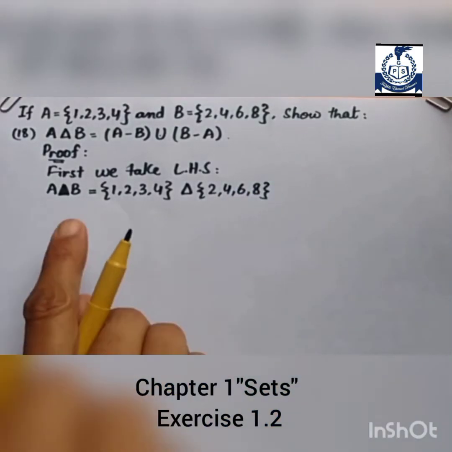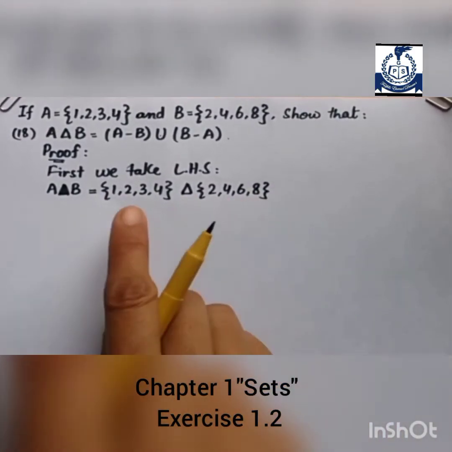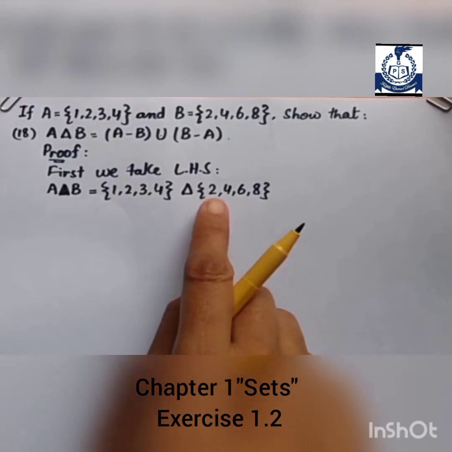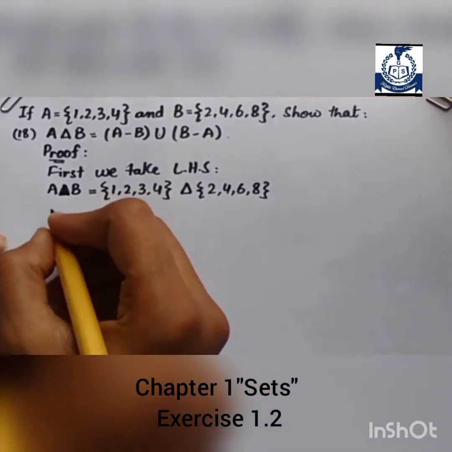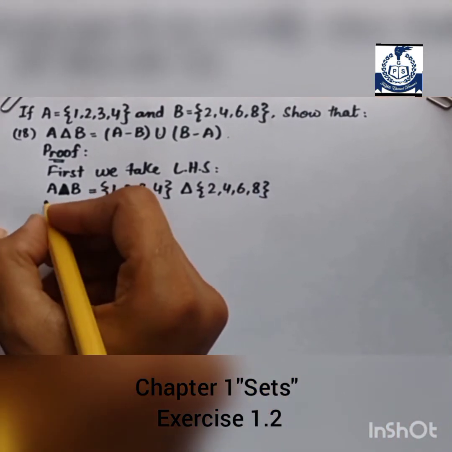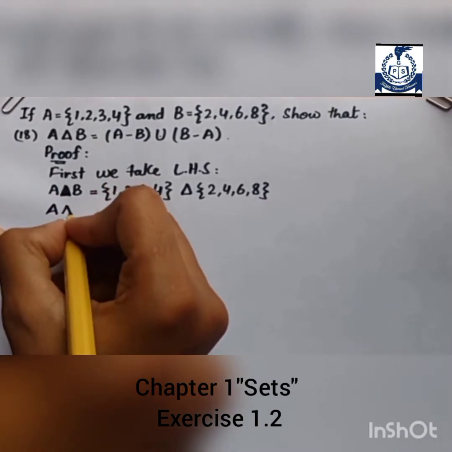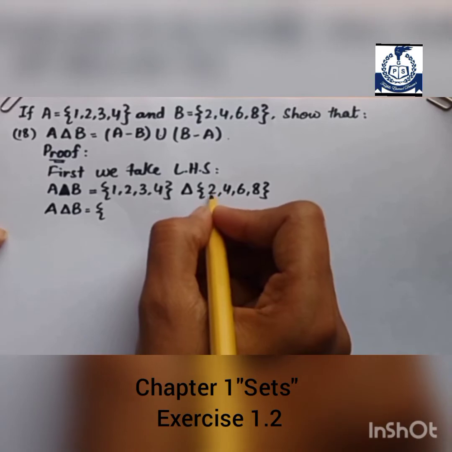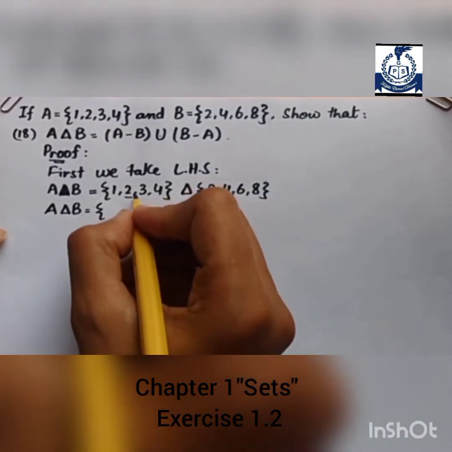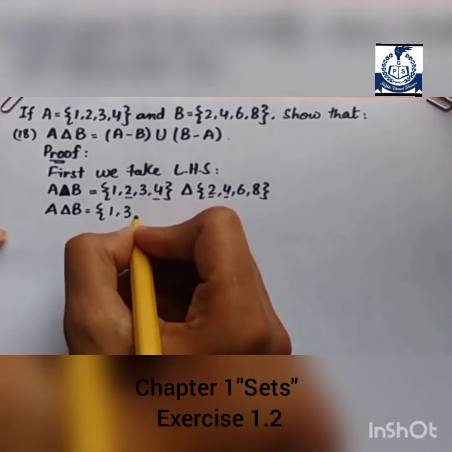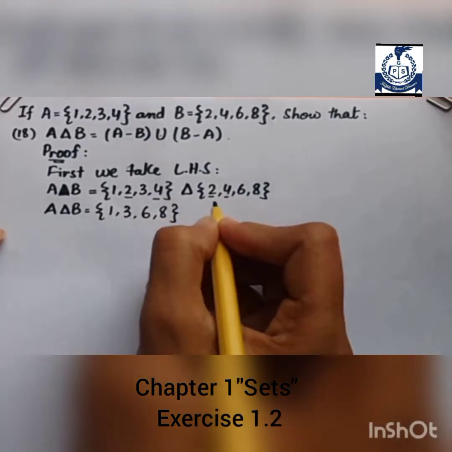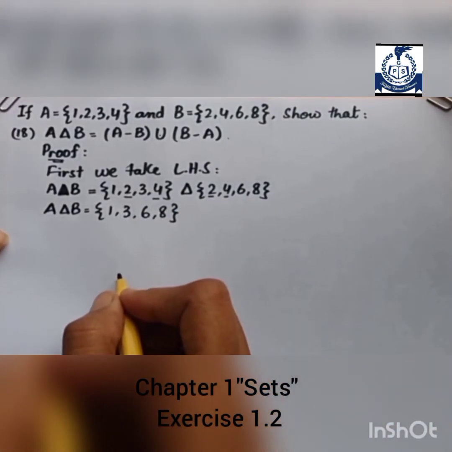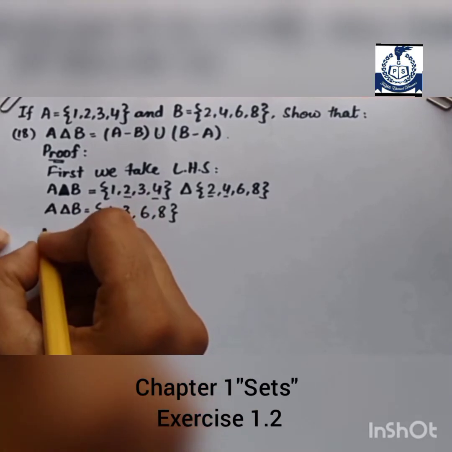So we have delta between A and B. So we skip the same elements and we write the different elements. The same elements are 2, 4. So we write 1, 3, 6, 8, which are the different elements. A delta B is equal to {1, 3, 6, 8}.